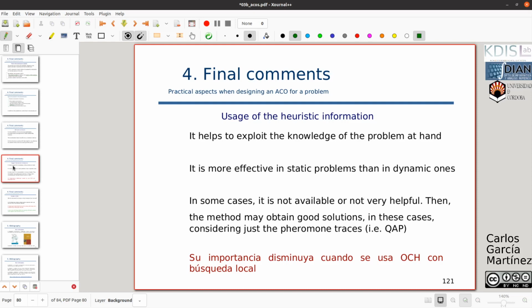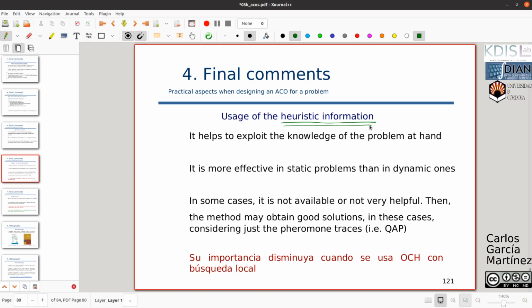But in addition to this memoristic information, ant colony optimization has been designed to exploit problem knowledge, which comes in the form of a heuristic information source.